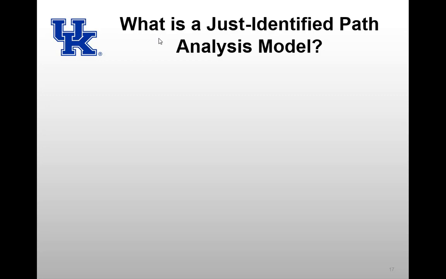So now let's switch gears and talk about the path model, how we estimate it, how we identify that, how we specify that. When we specify a path model, you need to keep in mind the differences between just identified and over-identified, which will be useful in the later stages when you estimate your model.